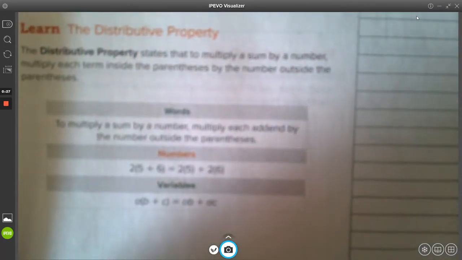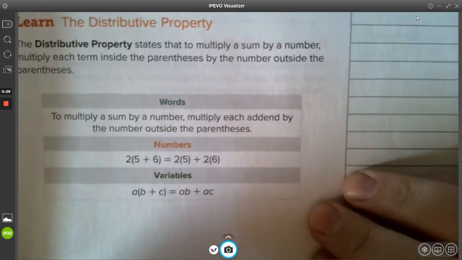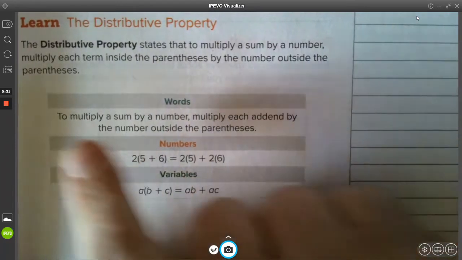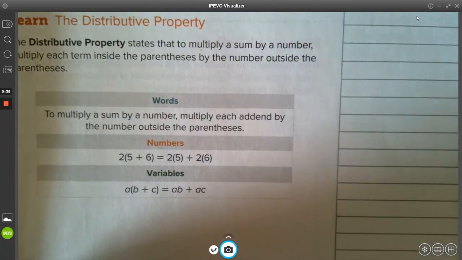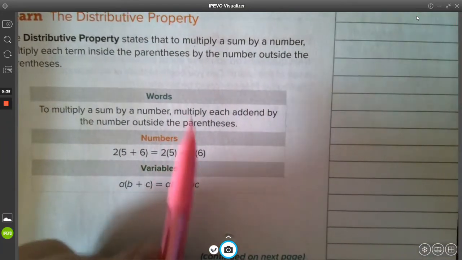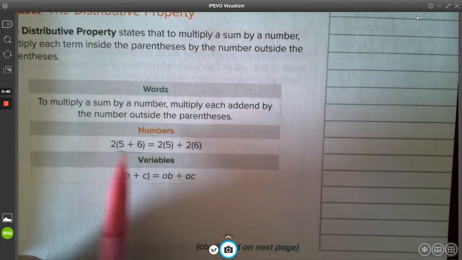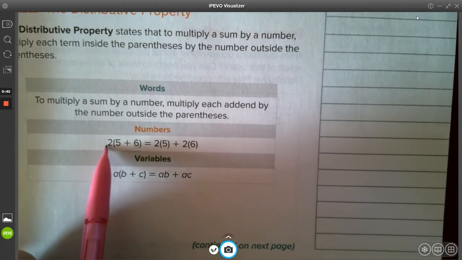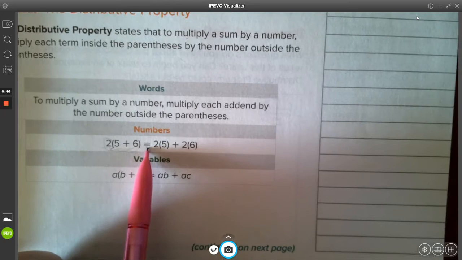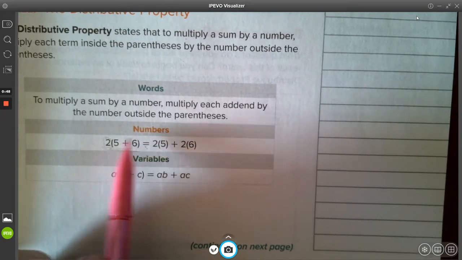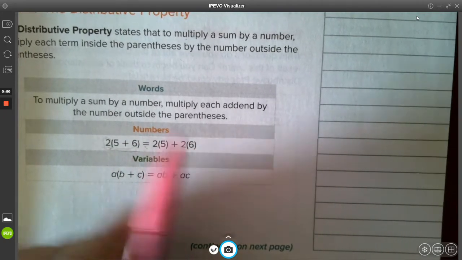All right, so the distributive property states that to multiply a sum by a number, we multiply each term inside the parentheses by the number outside the parentheses. So if we were given a problem like this, you have a number outside the parentheses and two numbers inside the parentheses, it would be the same as doing 2 times 5 plus 2 times 6.